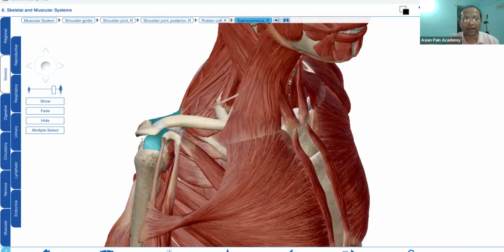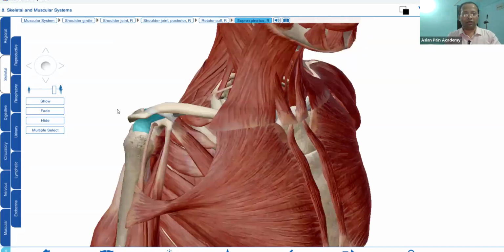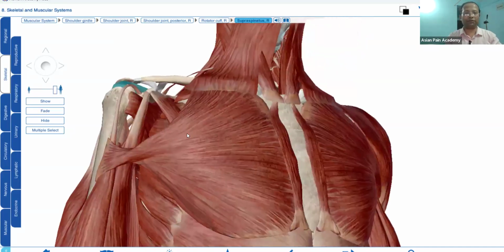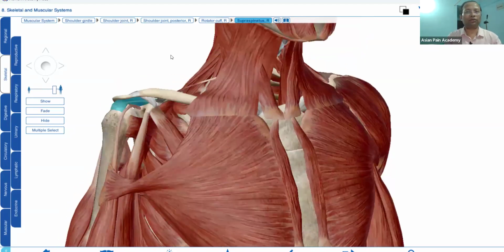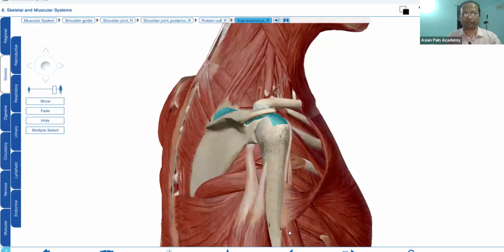So this is the tendon, and what was the first layer? The first layer was the deltoid. So this bursa, which is a big bursa, is named subacromial subdeltoid bursa because it is under both the structures. Okay, so this much is enough for the 3D anatomy part.